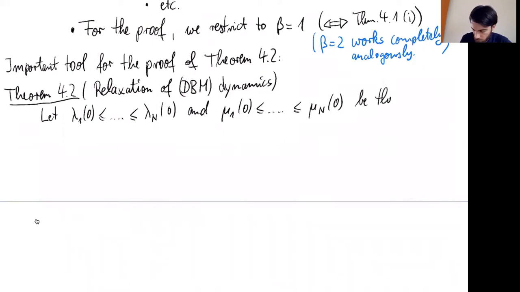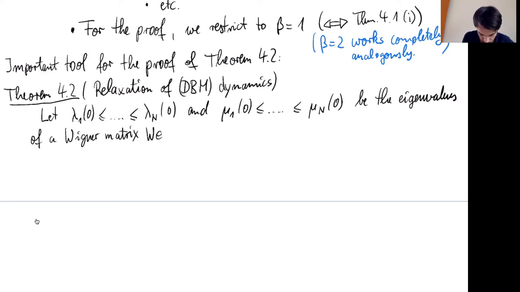Be the eigenvalues of a Wigner matrix, maybe W. And well, maybe it's better if I call this H0 and a GOE.